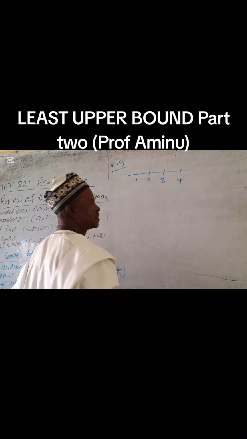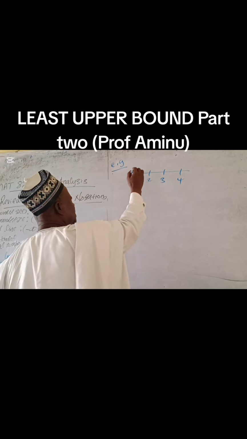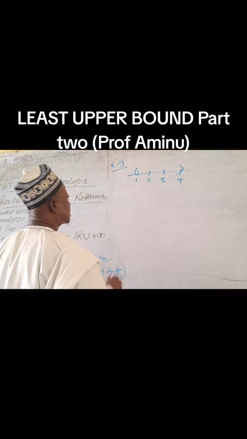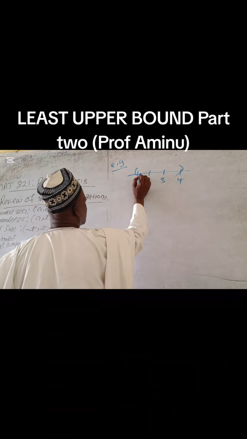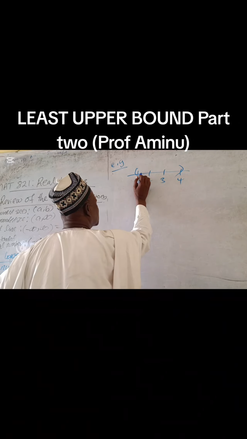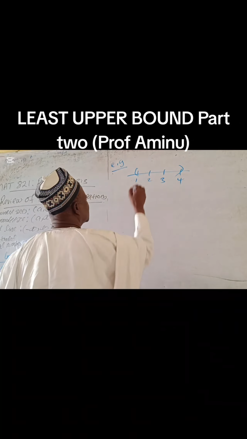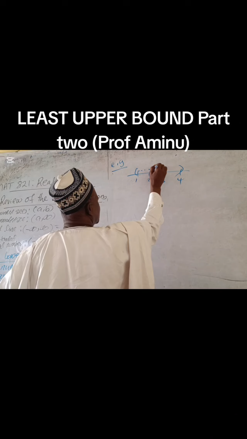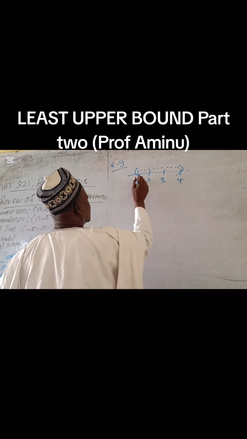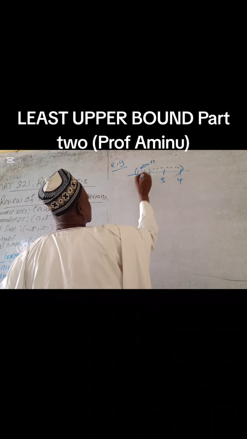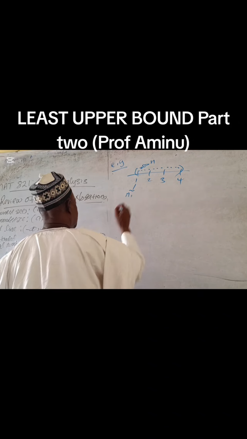If this is an interval now, 1 to 4, then we say 1 is a lower bound, because any number you pick after 1 will be bigger than 1, isn't it? Any point you pick apart from that point, x, will be bigger than this n. So if this is your n, okay?